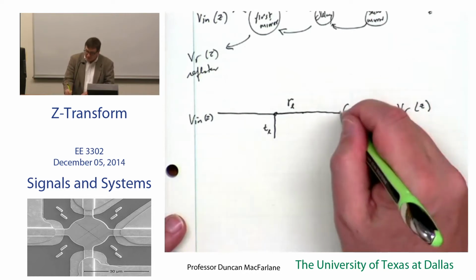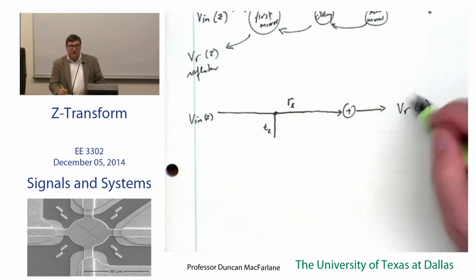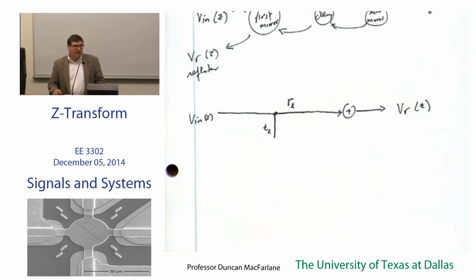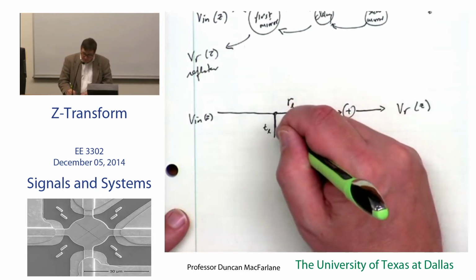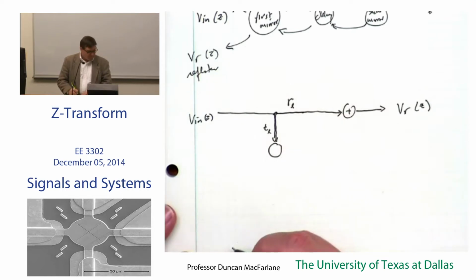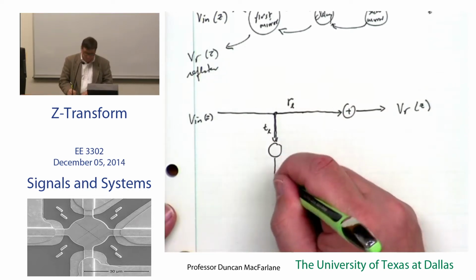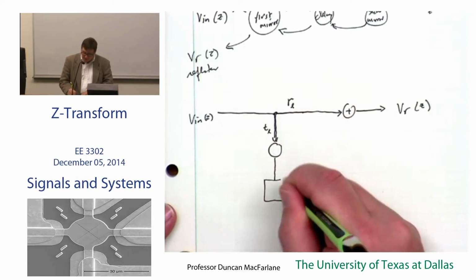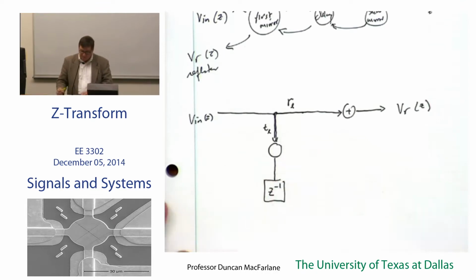Part of that reflected wave is going to lead to a reflected output back at us. The stuff that goes into the material sees a delay block. I'll model my delay block in terms of my newfound friend, the Z-Transform, Z to the minus 1.